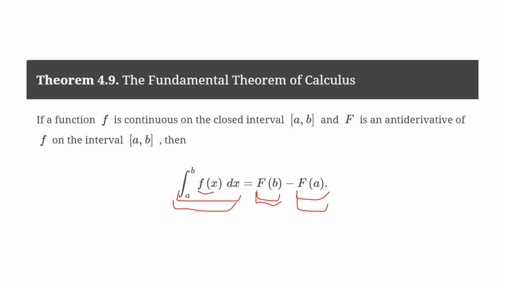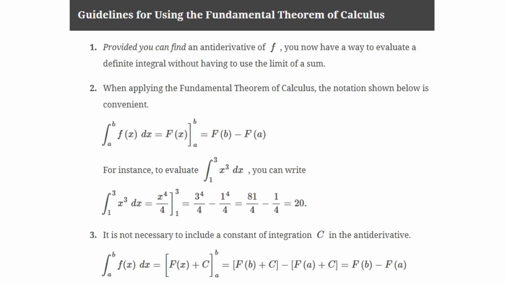So now, in order to apply the fundamental theorem of calculus, first we need to provide an antiderivative for the function f. For instance, if we have the integral from a to b of, let's say, 3x squared, first we need to find an antiderivative for 3x squared, that would be x cubed in our case.